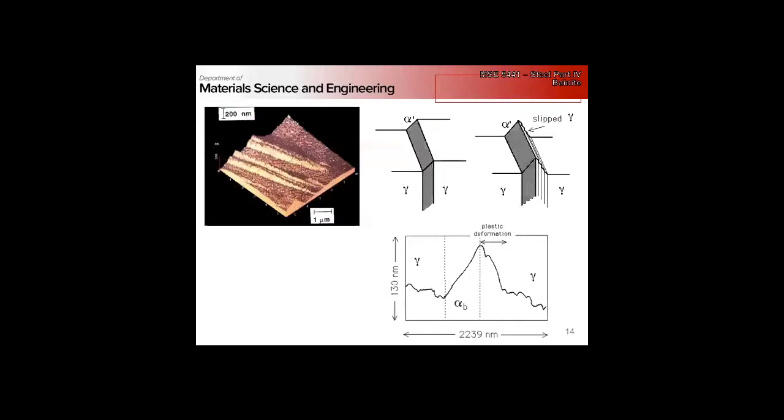But you can think of it as a superposition of events, a two-step process. And this gives us this highly localized plastic deformation. This gives us a very high dislocation content in our bainite, right?